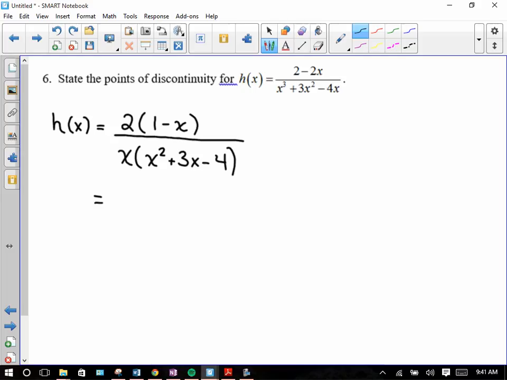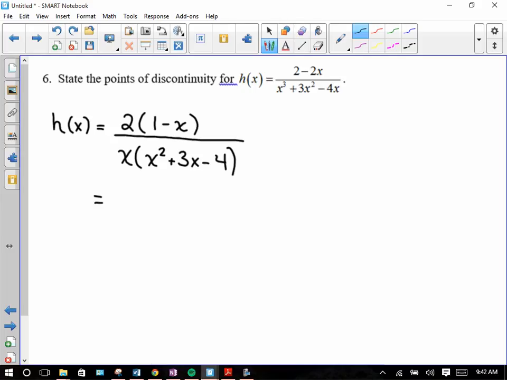Now, there's something else I can factor out of the numerator to make this 1 minus x a little bit more friendly. I don't want a minus x, I want a positive x, because I know down here I'm going to factor something with a positive x. So I'm going to take a negative sign out of both. If I take a negative 1 out of 1, I have negative 1. If I take a negative 1 out of negative x, I have positive x.